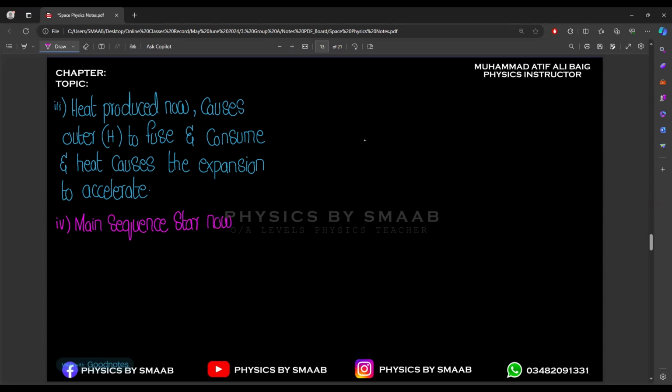So now the main sequence star turns into a red giant, or red supergiant.